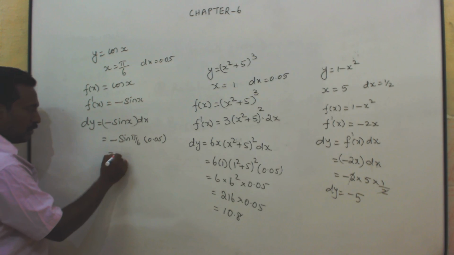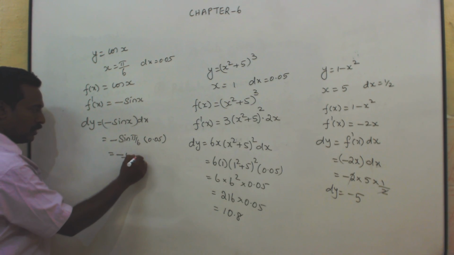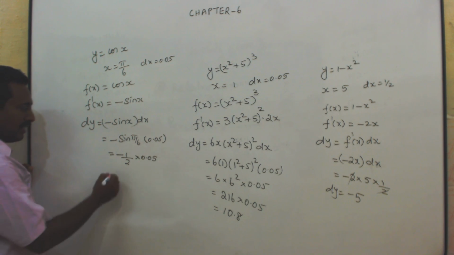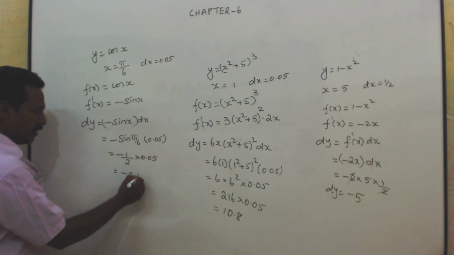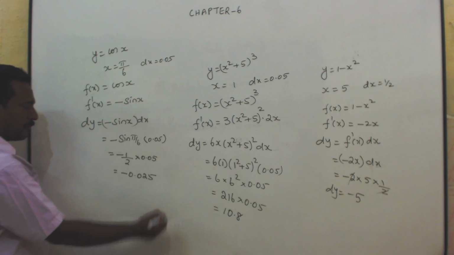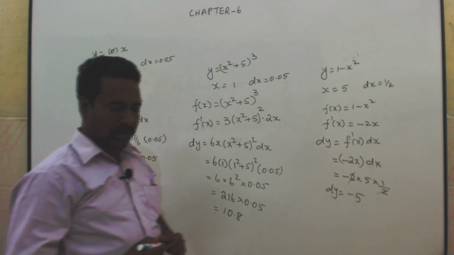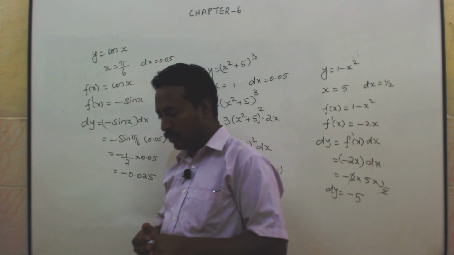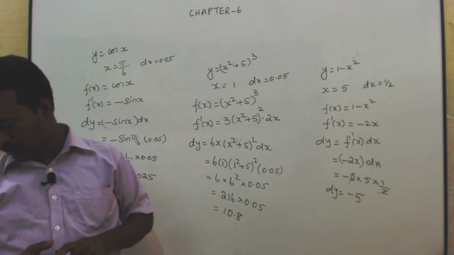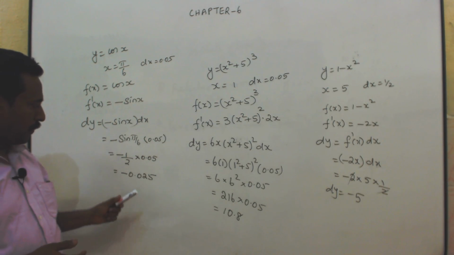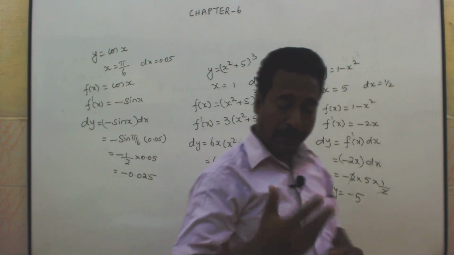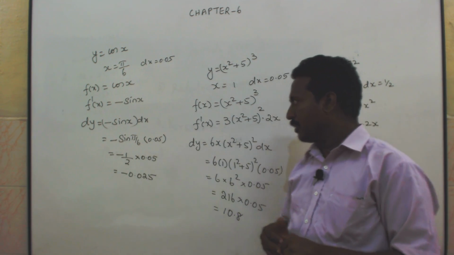Sin pi by 6 value is 1 by 2, so minus 1 by 2 into 0.05, that equal to minus 0.025. So, dy is approximately equal to minus 0.025. Is it clear? What is the difference between the previous problem and this problem?